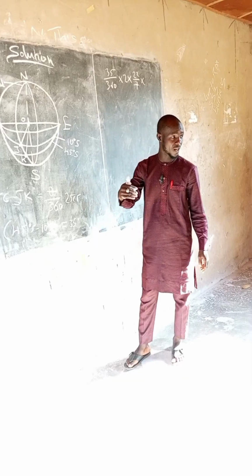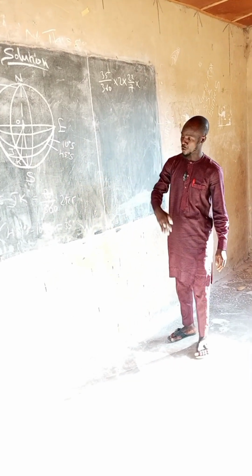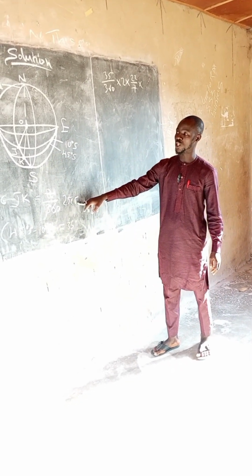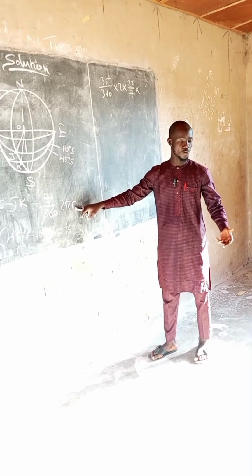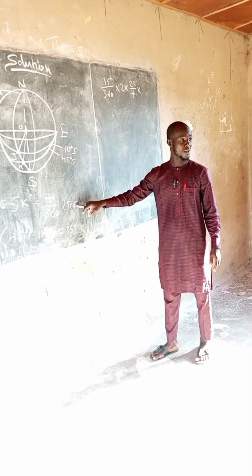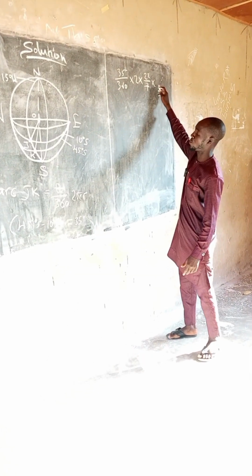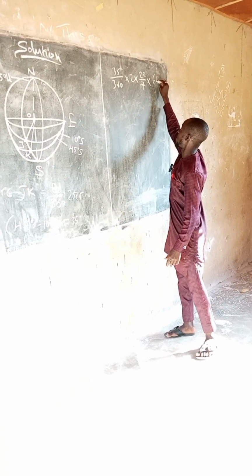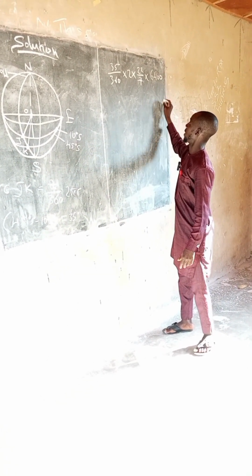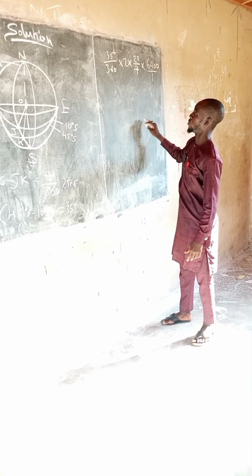We already have that value as 6,400. Since we are dealing with the bigger radius, we are not going to call it small r, but rather capital R. So we are going to substitute this by 6,400.